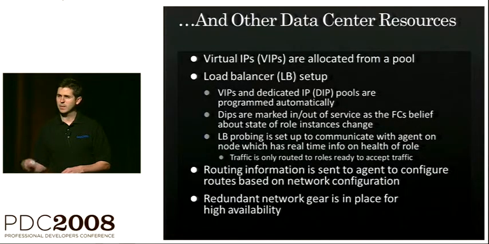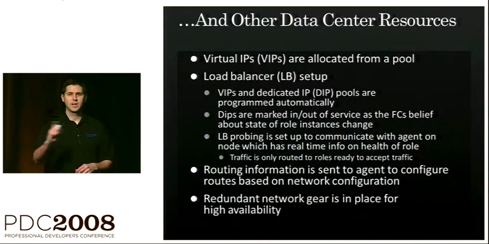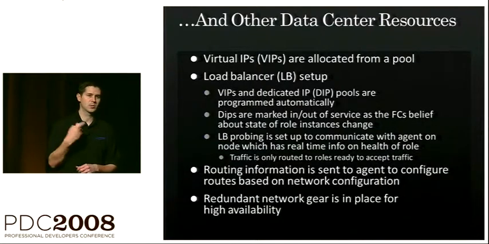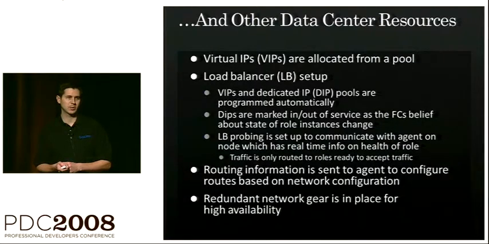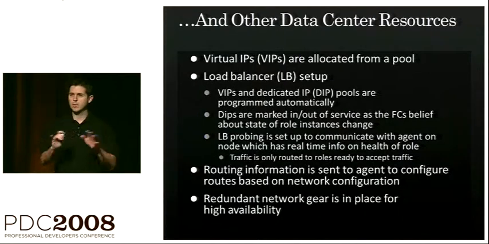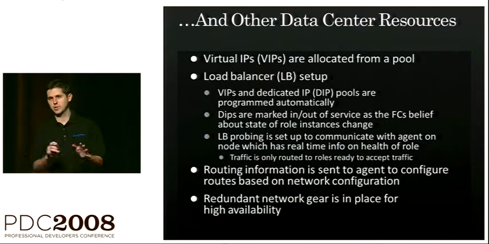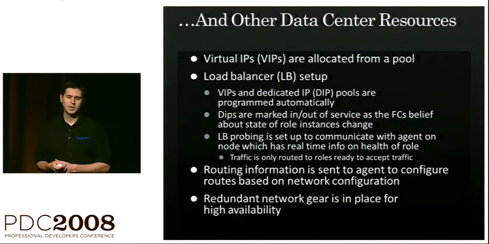As those roles start up and the Fabric knows they're running correctly, we'll now tell the load balancer, hey, that dedicated IP is in service, and the load balancer will start forwarding traffic to that role instance. So they can all come online at different times, and the load balancer will behave appropriately all along the way.